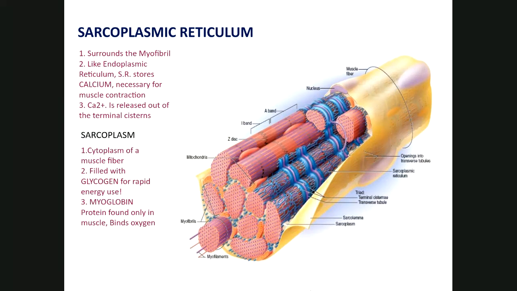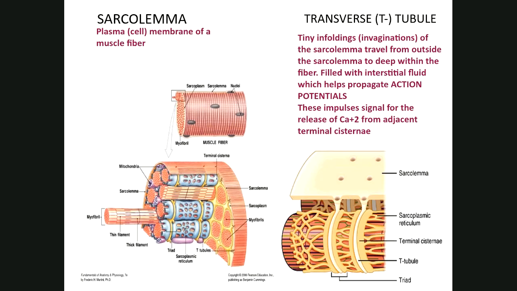So also we'll move on to look at the sarcolemma. We talked about how the sarcolemma is the plasma membrane of our skeletal muscle cells. And the transverse tubules, which we've talked about in the past, these little tubes, are invaginations or infoldings of the sarcolemma.